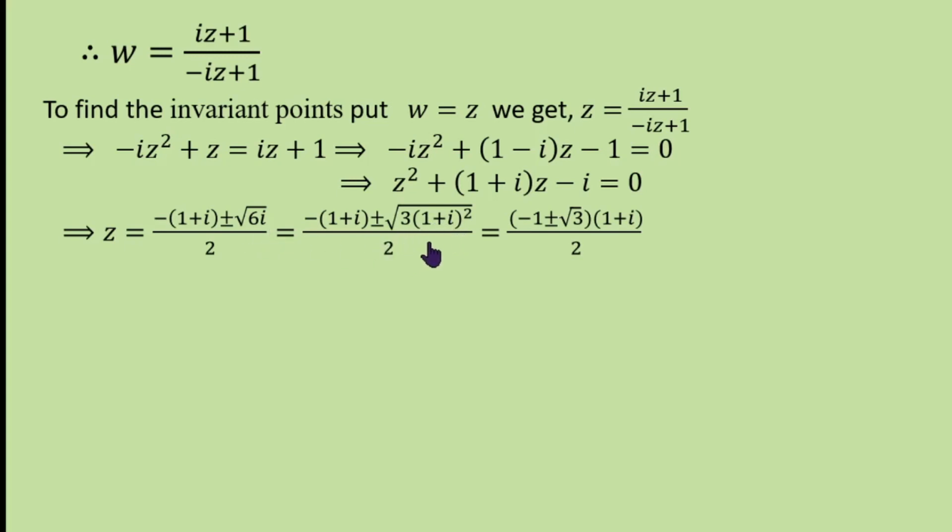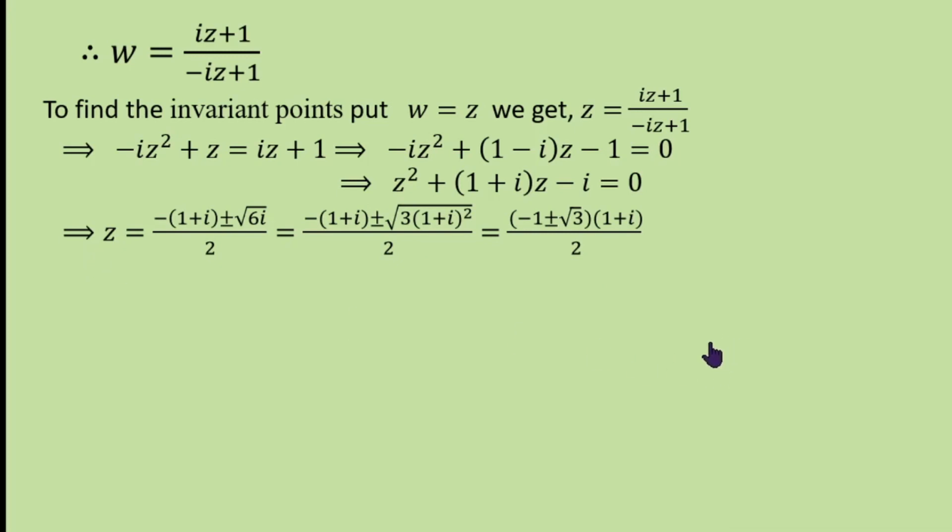So (1 plus i) whole square is 2i, into 3 is 6i. 6i can be written as square root of 3 into (1 plus i) whole square. Now it is nothing but root 3 into (1 plus i). Take 1 plus i common outside. Here minus 1 plus or minus root 3 into (1 plus i) divided by 2. So these are the required invariant points.